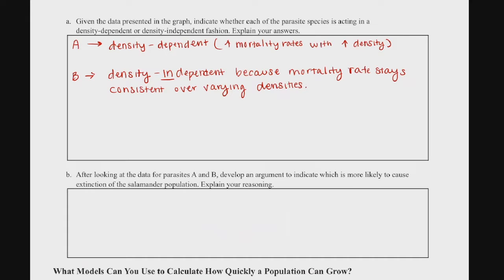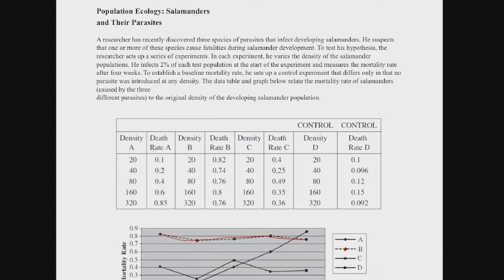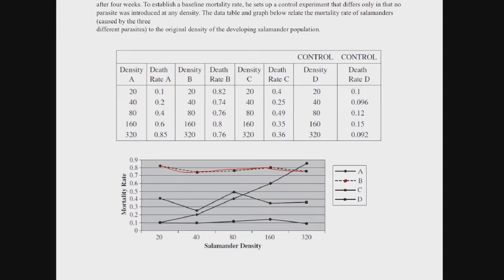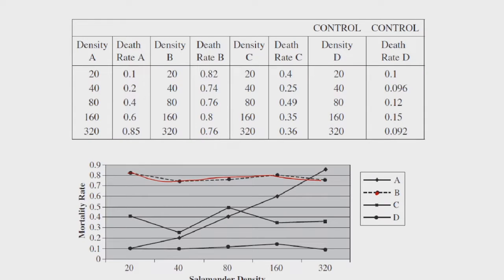And then finally, well, not finally, but we know that line D is control. So the final parasite we're looking at, C, if we just go back to that graph. And now we're looking at C, which is this one.